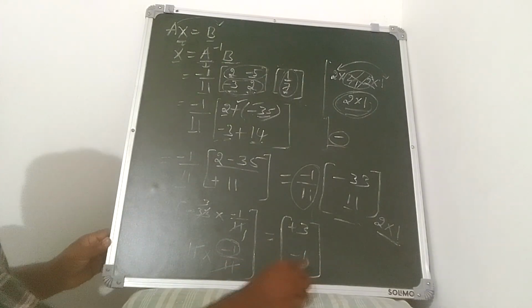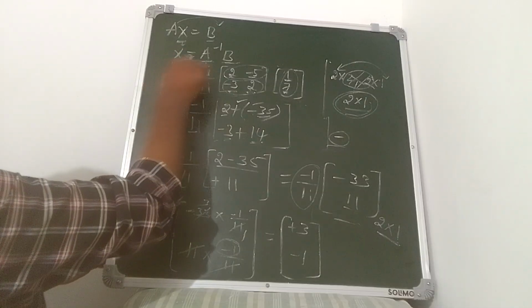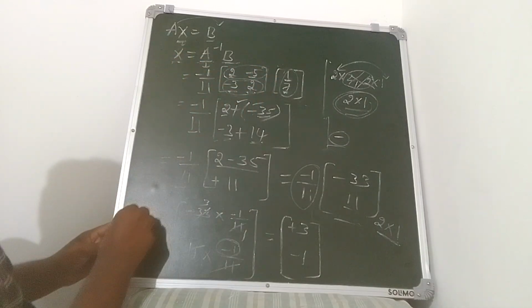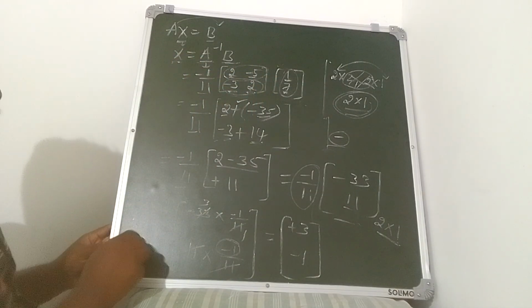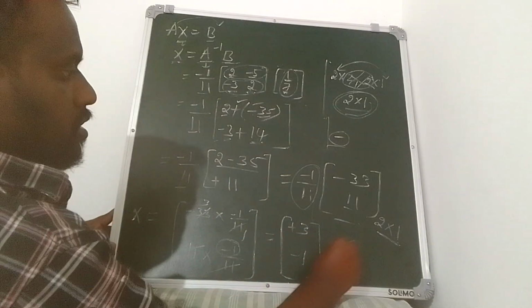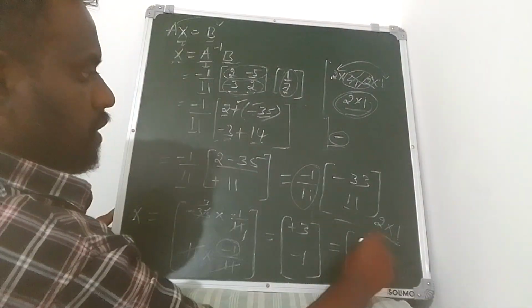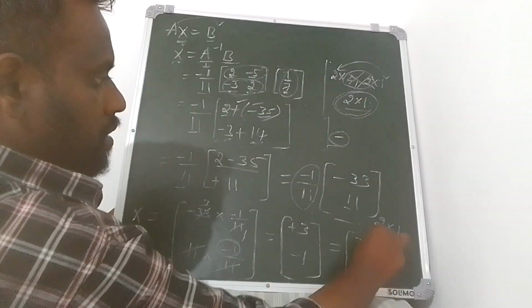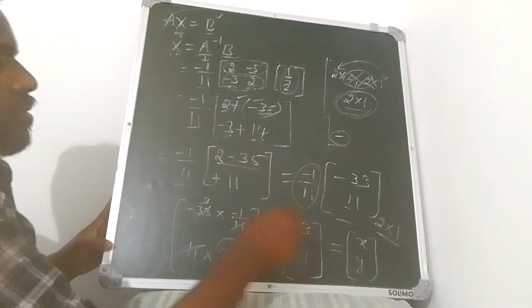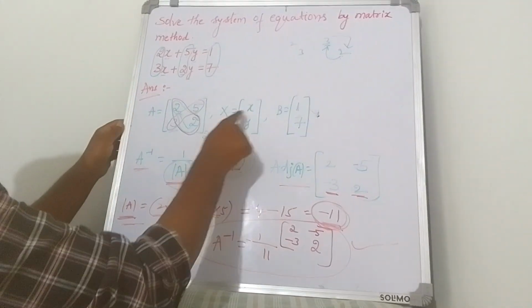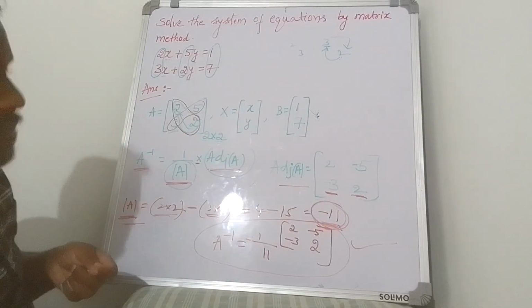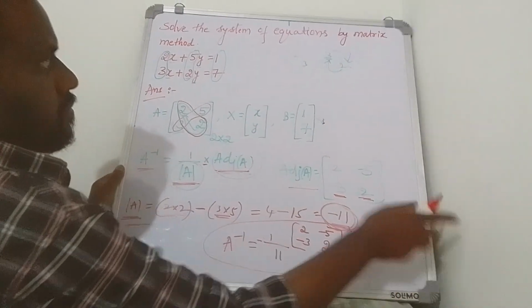What is this? See here, X is equal to this, we simplified. X is equal to x comma y. I will show here only.